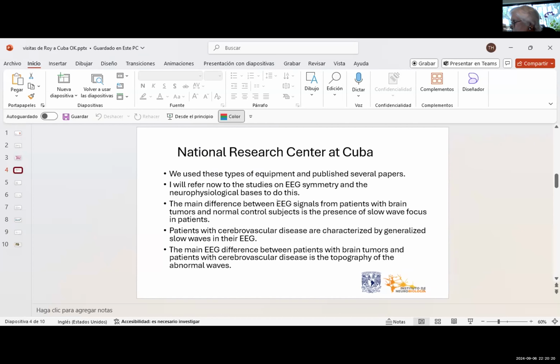The main difference between EEG signals from patients with brain tumors and normal control subjects is the presence of slow wave focus in patients. However, patients with cerebrovascular disease are characterized by generalized slow waves in their EEG. The main EEG difference between patients with brain tumors and patients with cerebrovascular disease is the topography of the abnormal waves.